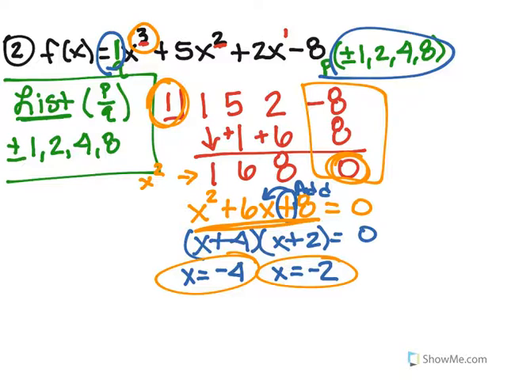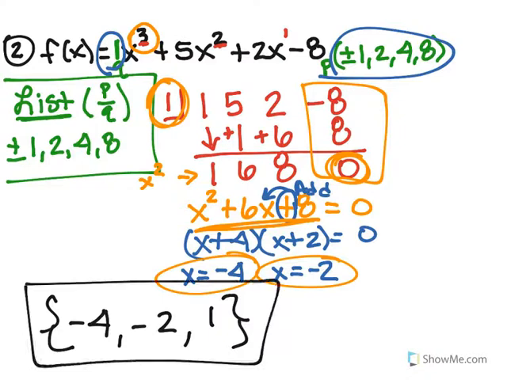So it doesn't matter. You could have played with -2 in the synthetic division. Then your polynomial would have given you 1 and -4 as answers. So these are your only three answers. So we know that -4, -2, and +1 are the three numbers that will zero out this polynomial.